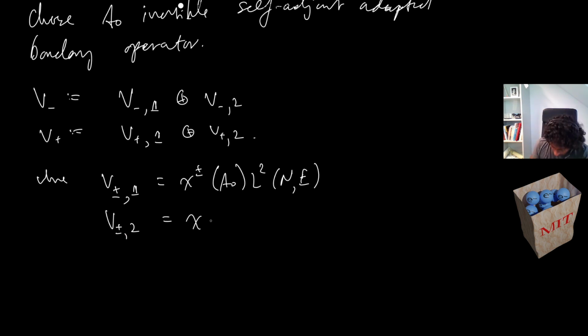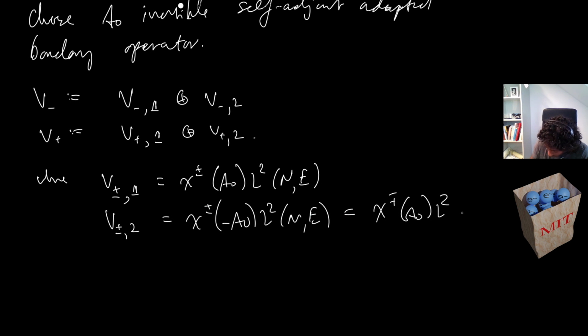So this is going to be chi plus/minus of negative A_0 on L2(N E), which becomes chi minus/plus of A_0 on L2(N E).